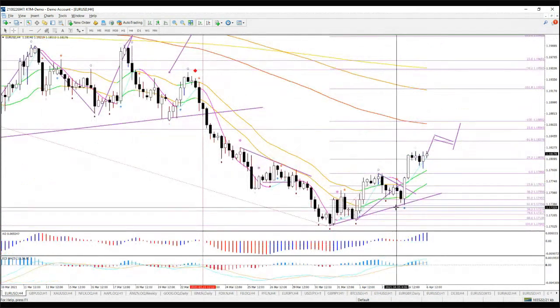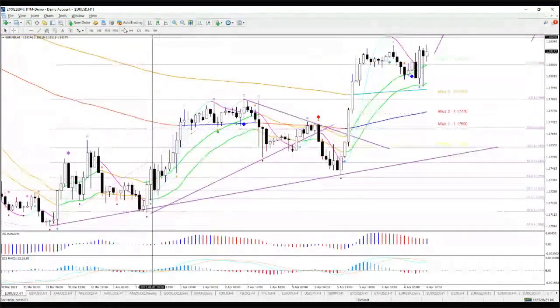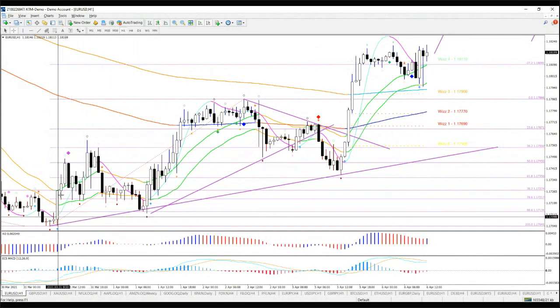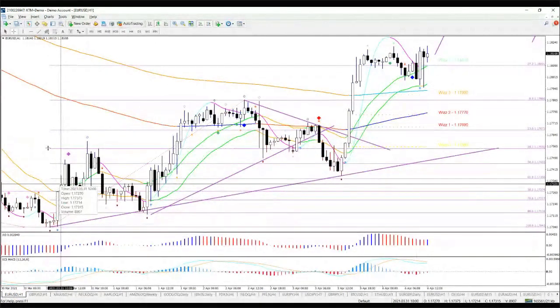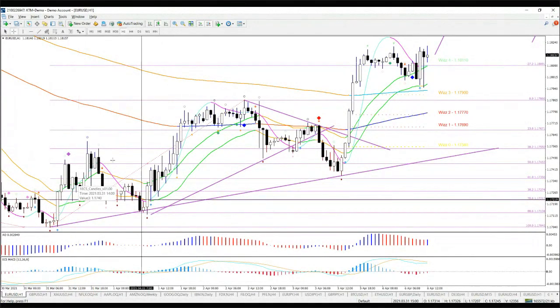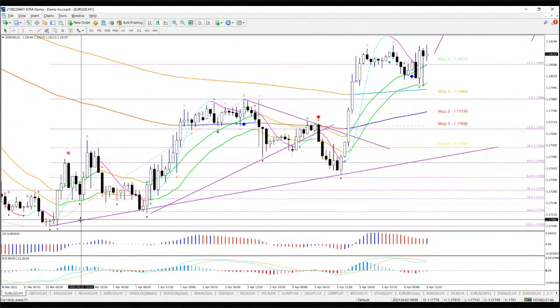The 38.2 fib, the divergence on the 4-hour chart, the divergence on the 1-hour chart, and the quarter level of 117.50. But those are more like extra supporting reasons. The price action on the 1-hour chart was the main driver for me to be that confident.